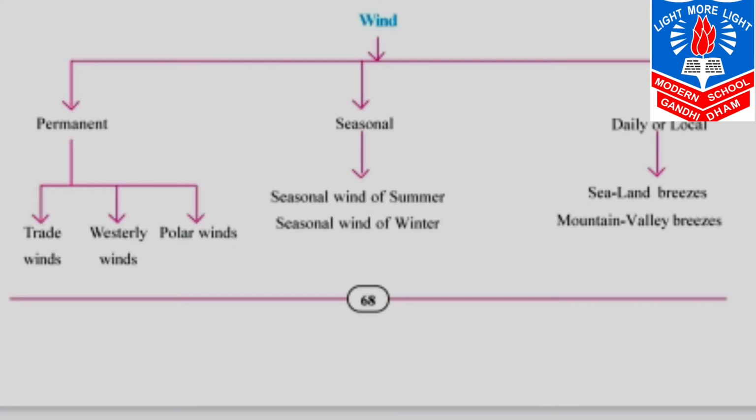This is the image of wind, that is permanent, seasonal and daily or local winds. In permanent you can see trade winds, westerly winds and polar winds. Seasonal, that is seasonal winds of winter and seasonal winds of summer, and daily or local winds, that is sea land breezes and mountain valley breezes.